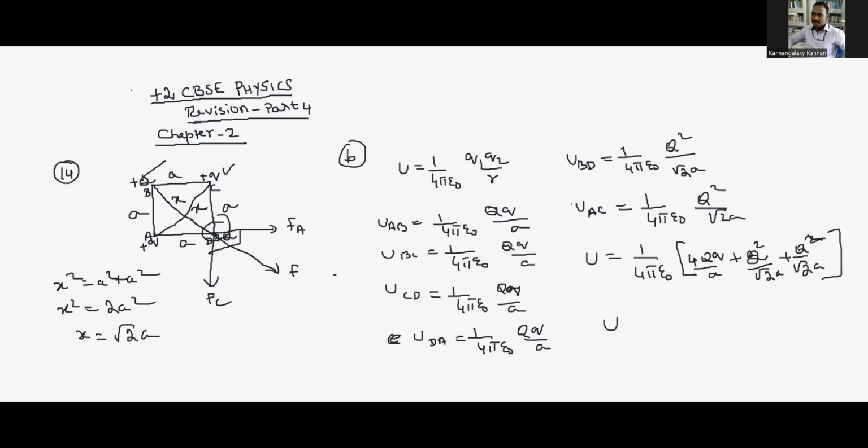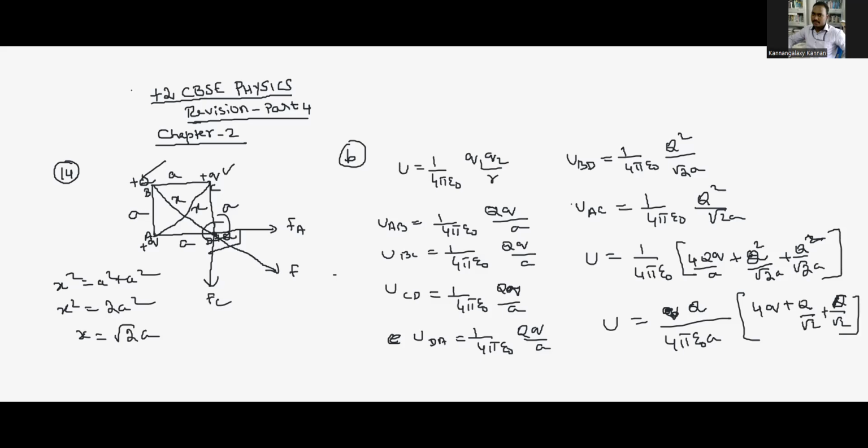Now I can take capital Q out, by 4 pi epsilon naught, and A also can be taken out. The remaining will be 4q plus Q by root 2 plus Q by root 2 again, so 2 times Q by root 2.